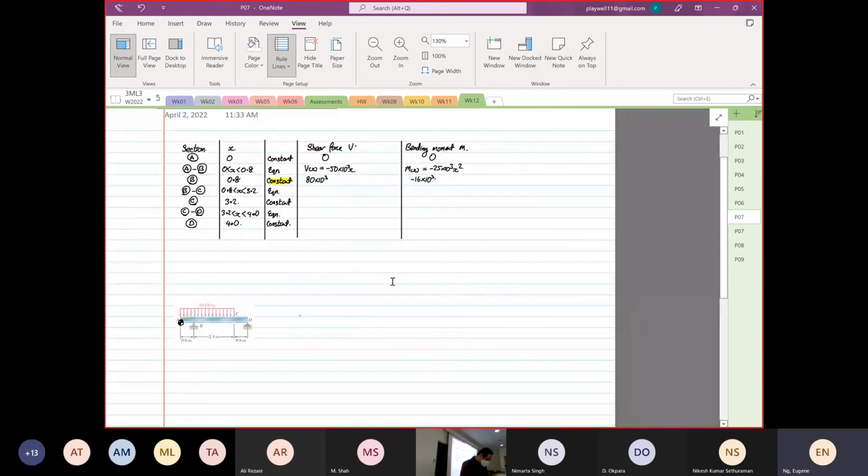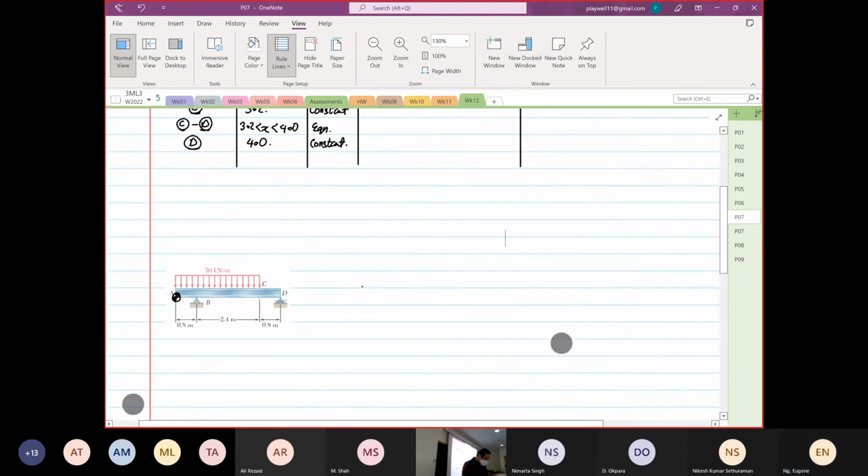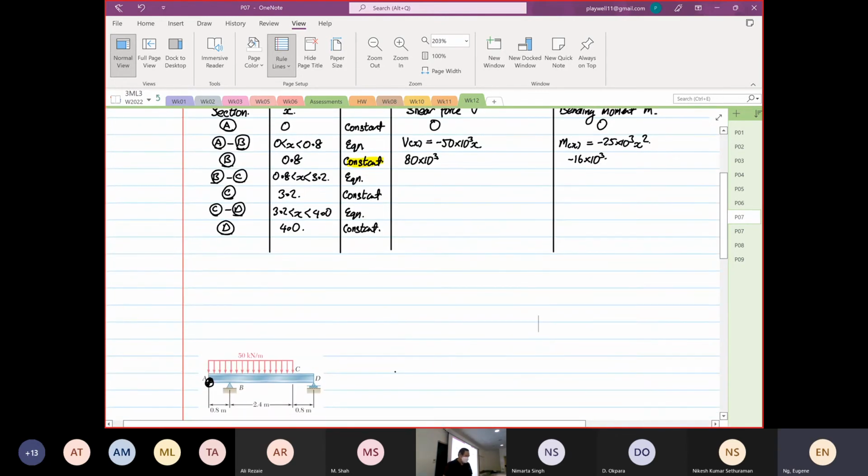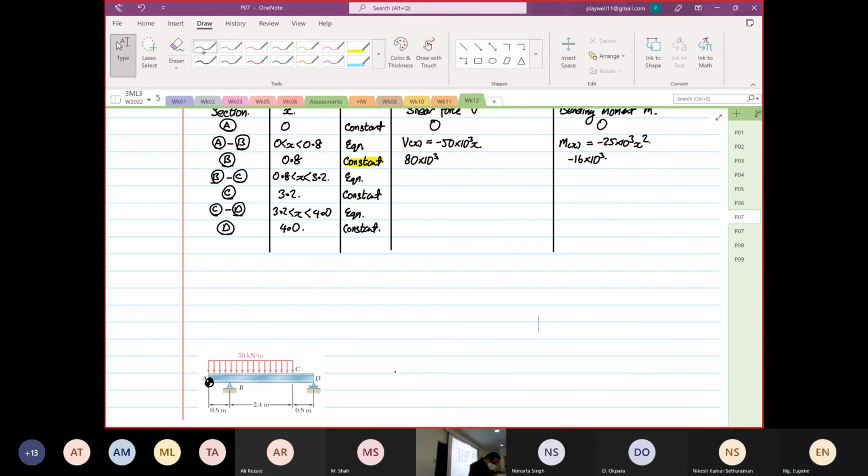Okay, so the next one we're going to do is we're going to find from point B to point C. Now, all of them, I'm still doing left to right. Okay, wait, we will do right to left.